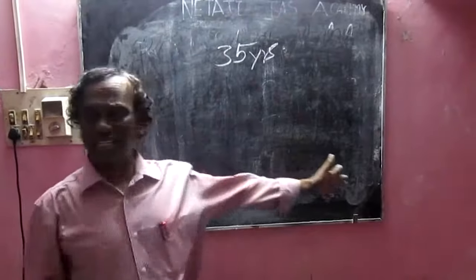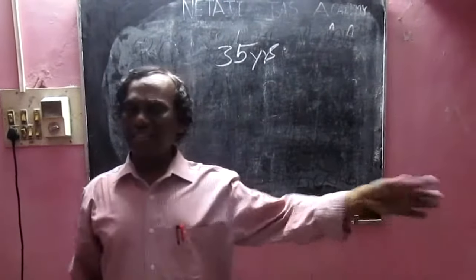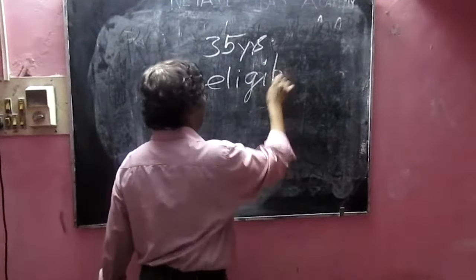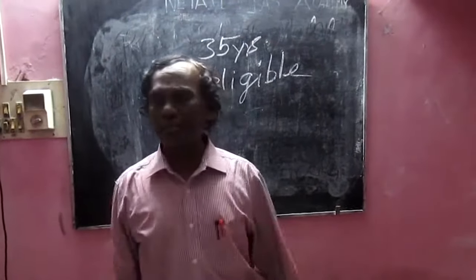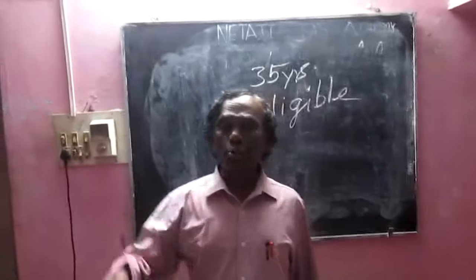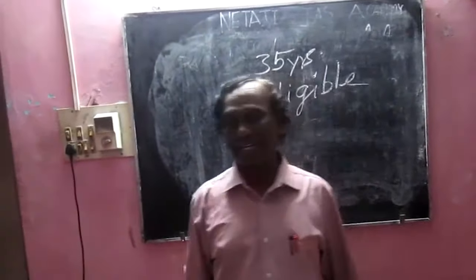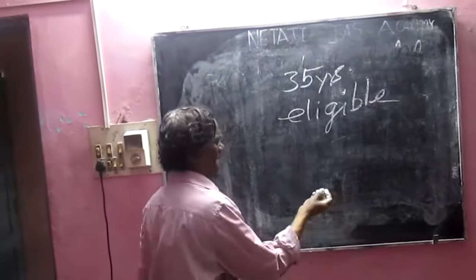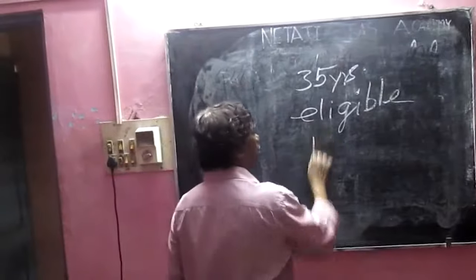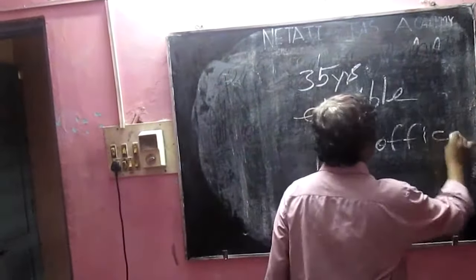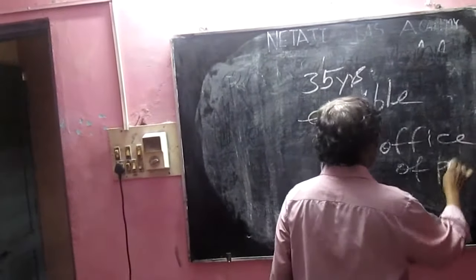Number 3, eligible to become member of Lok Sabha. Number 4, should not be a member of parliament. Number 5, should not hold any office of profit.